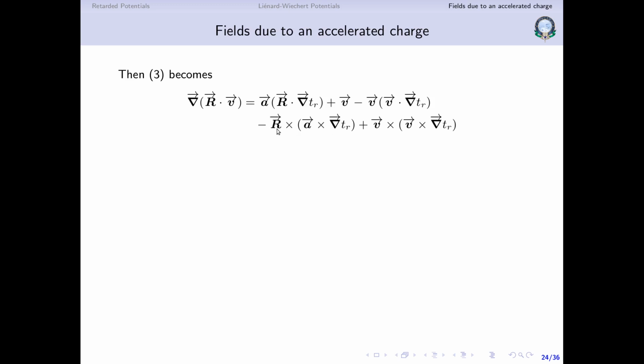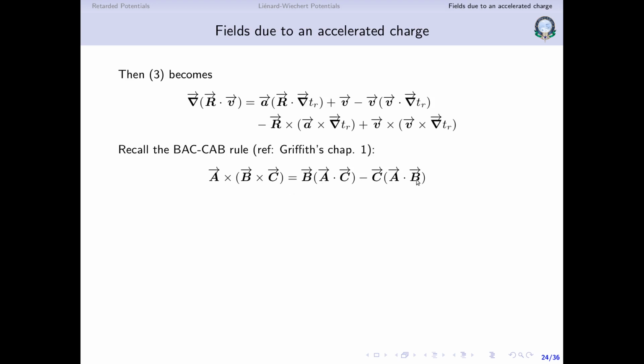So one vector cross another vector cross one more vector, and for that there is already a well-known rule which is known as the back cab rule. Again, you can refer to Griffiths for the back cab rule. What it says is A cross B cross C is equal to B times A dot C minus C times A dot B. So that's why it's called the back cab rule. Again, you can just refer to Griffiths chapter 1 for this back cab rule.